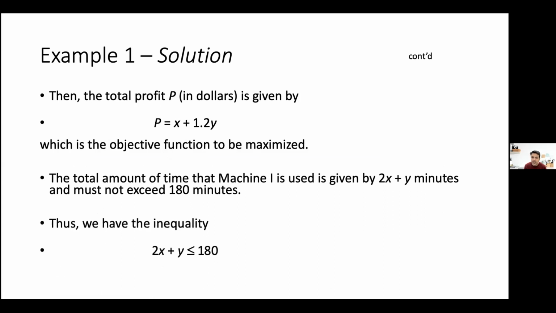We want to maximize this, but there are restrictions. This is the first restriction that we have. Get back to this table here. Remember that? Every x takes 2 minutes. So 2x plus y should be less than or equal to 180.